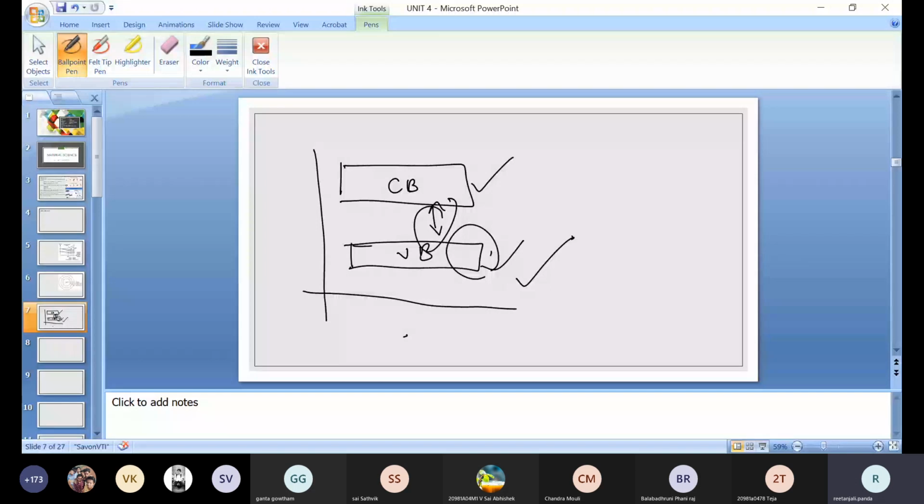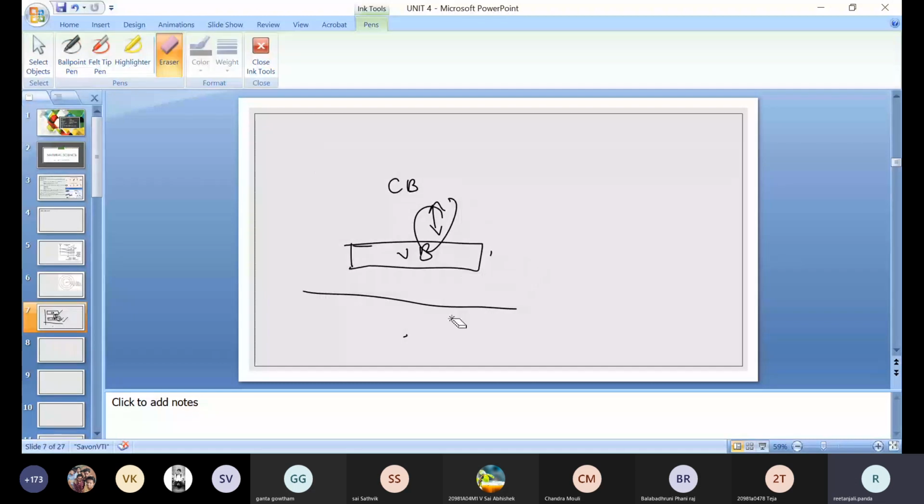Today I will try to finish this part so that tomorrow we can cover the other part of the semiconductor, like the types, the applications and the temperature dependency.